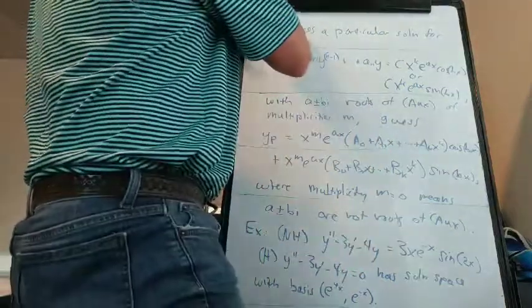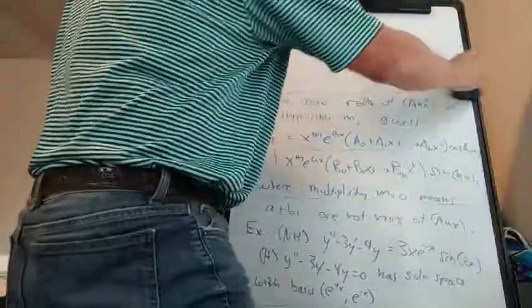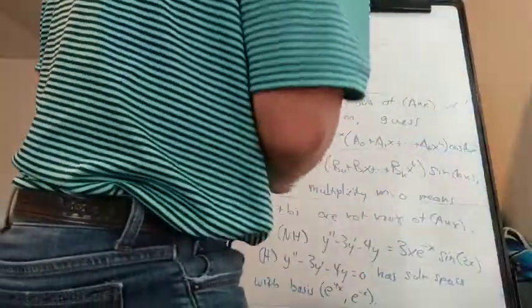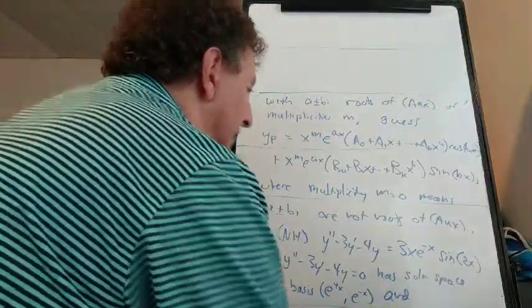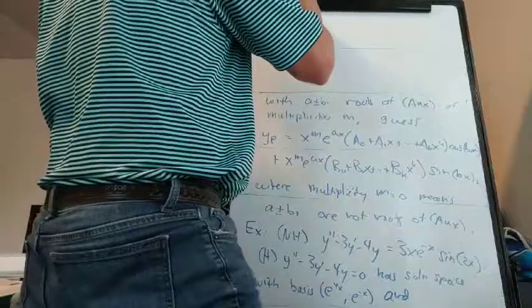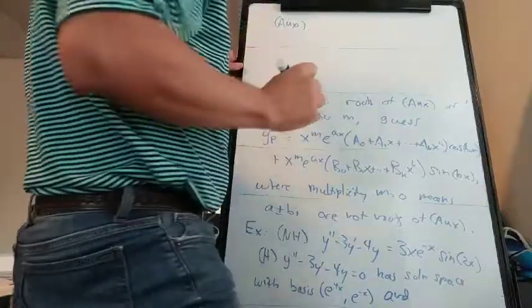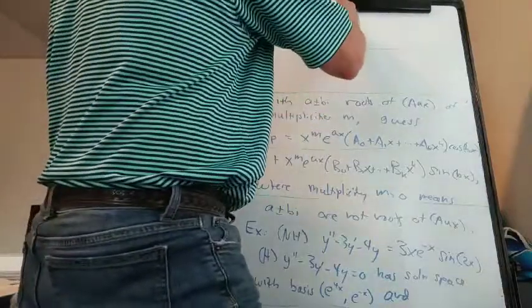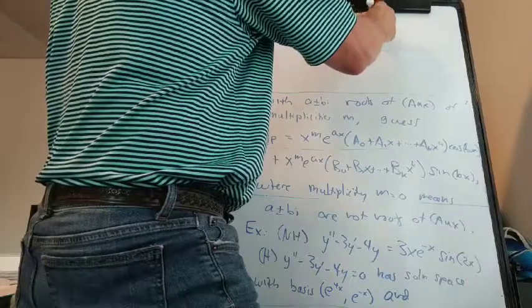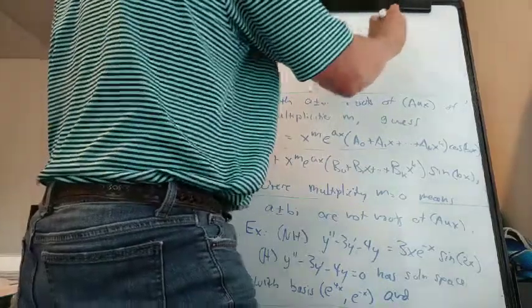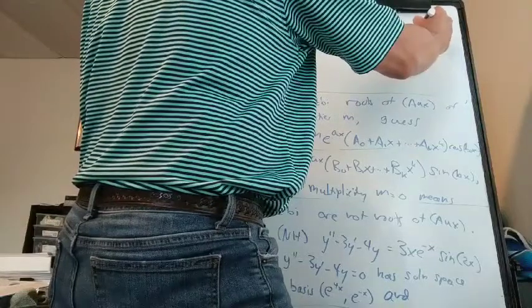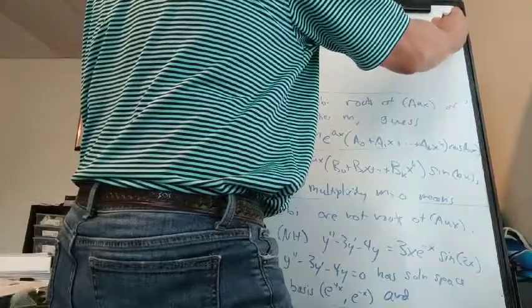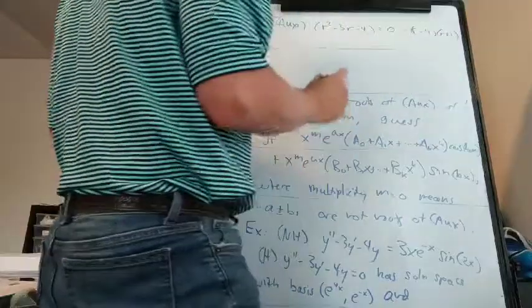I'll write the auxiliary equation down too. So the basis is this, and the auxiliary equation r squared minus 3r minus 4 equals 0, which factors as r minus 4 times r plus 1.